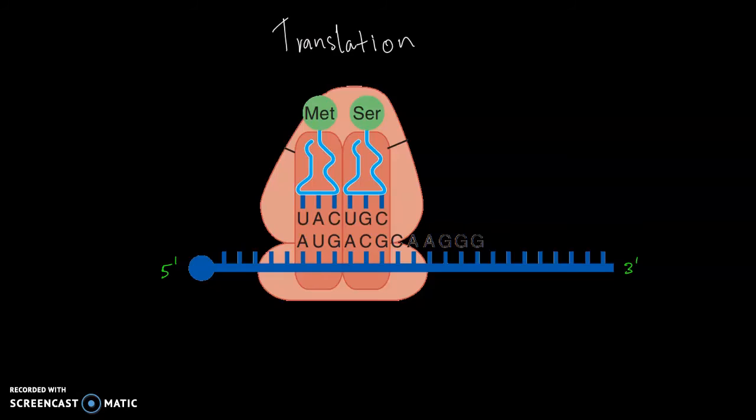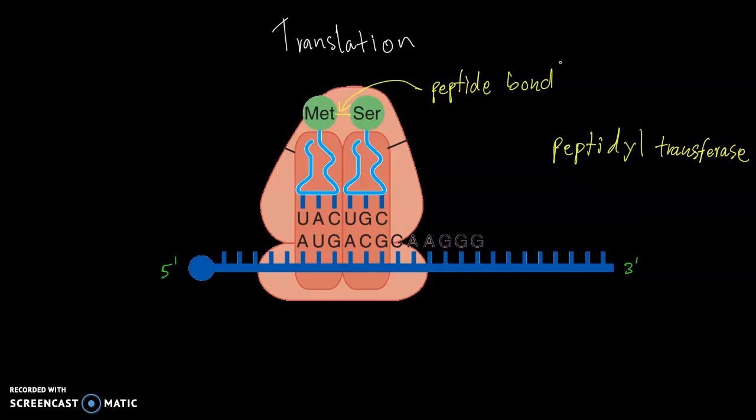Once the two tRNAs occupy the sites, the enzyme, which we don't see here, called peptidyl transferase, will start to catalyze the formation of a bond called a peptide bond between the two amino acids.